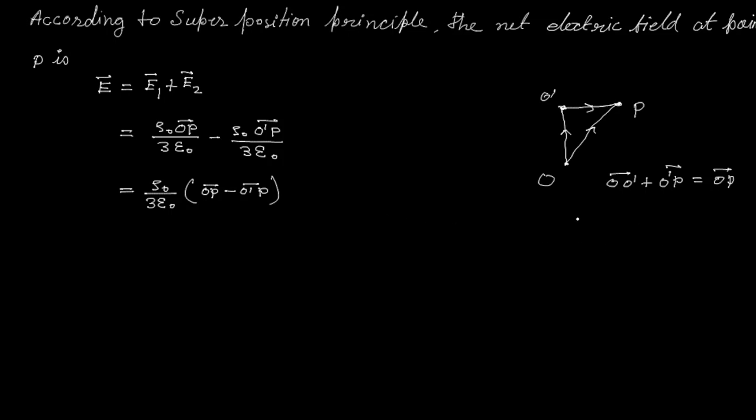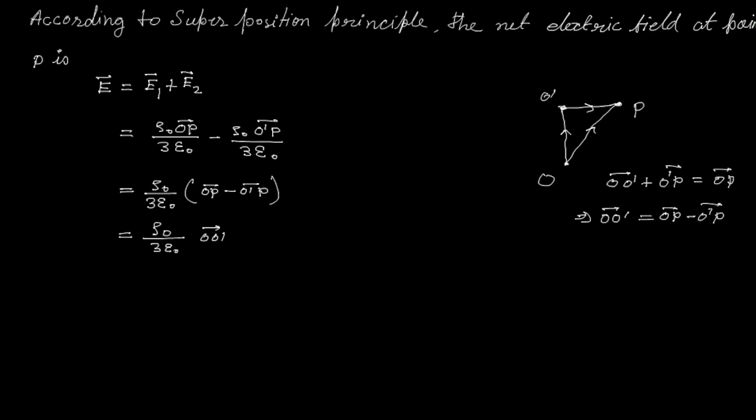So what will be the value of OP minus O dash P vector? We can write OO dash vector is equal to OP vector minus O dash P vector. If we replace this value here, finally we'll get rho naught divided by 3 epsilon naught times OO dash vector.